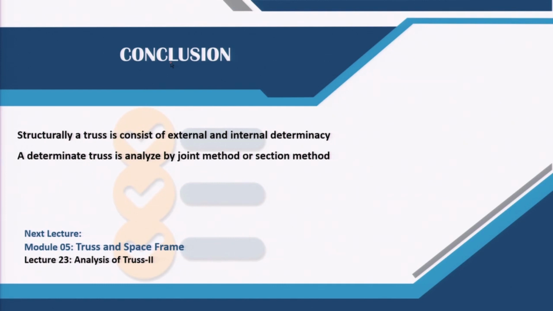The indeterminate trusses are solved by other methods, like the strain energy method or so. Those are not in the scope of our discussion. That is all in lecture number 22. In the next lecture, lecture number 23, we will continue the analysis of truss, part 2.